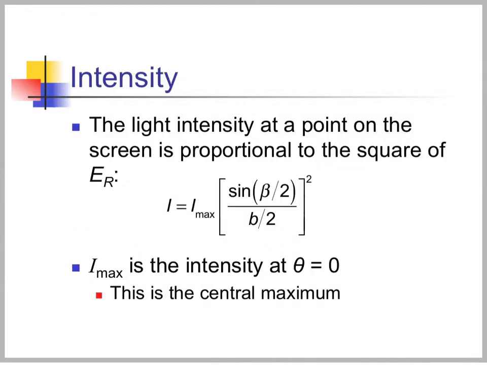So the light intensity at a point on the screen is proportional to the square of the electric field. I is equal to I max times the square of sine of beta over 2 divided by beta over 2. I max is the intensity at theta equals 0, or the intensity of the central maximum.